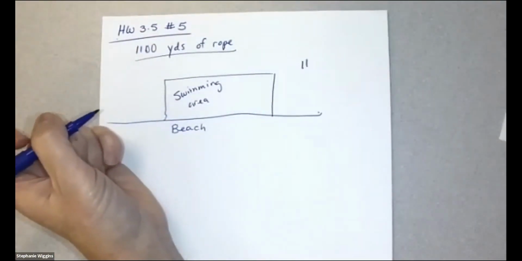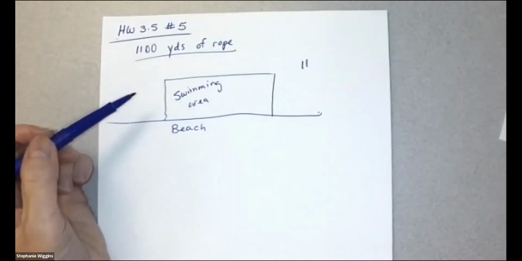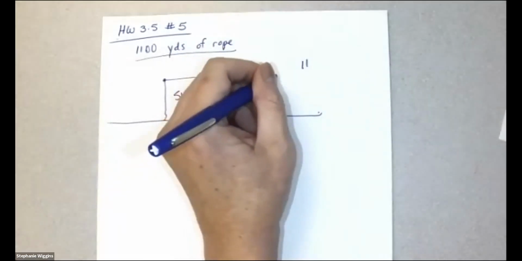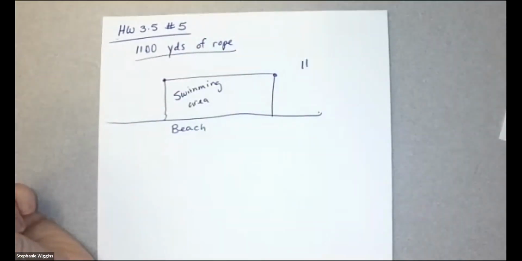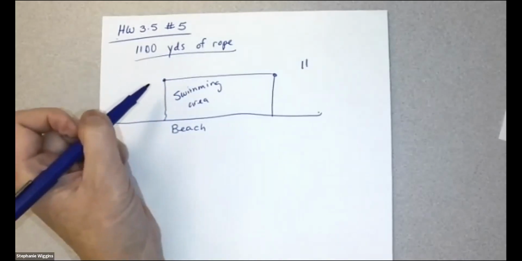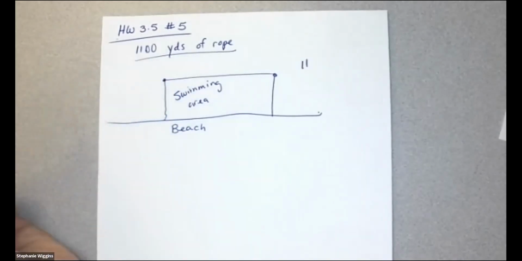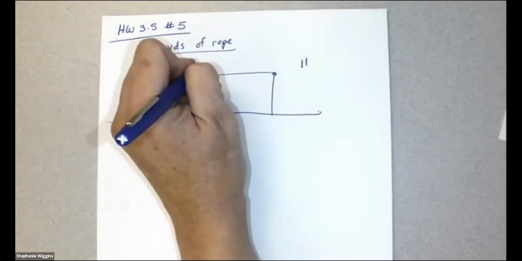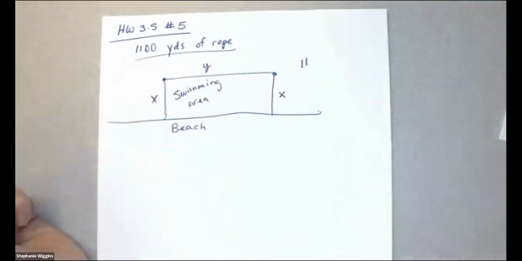So the question is, what dimensions should we have for the buoys? You see, these are the buoys here that are holding the rope. Where are we going to position those? I suppose buoys wouldn't work, would they? That thing would float all over the place. I think you'd need posts that you would secure. Anyway, whatever. So we have X, Y, X.